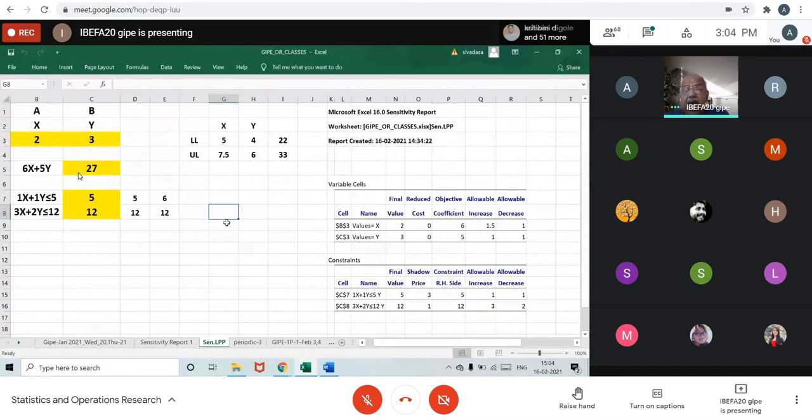By increasing 1 unit of milk and 3 units of choco, I will get a shadow price of 4 rupees. That helps me with better planning to get more biscuits produced.